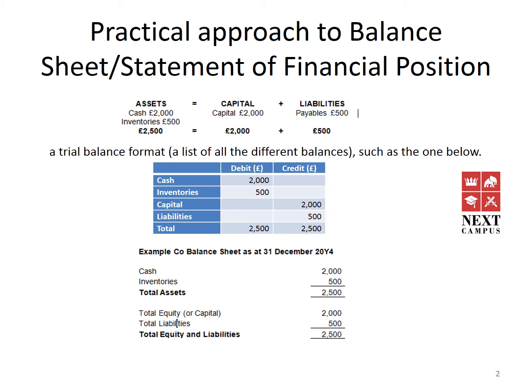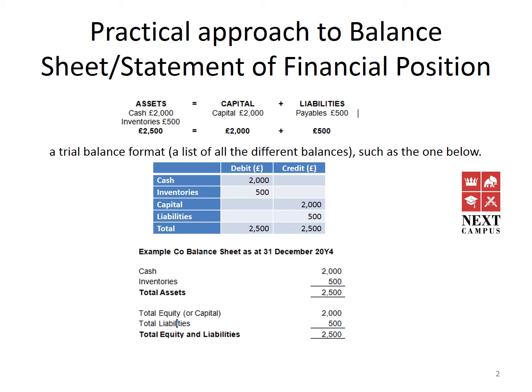So when you put them into your balance sheet, that means statement of financial position, it looks like the balance sheet which is given at the bottom of the page. Look at the example. Total assets 2500, that means you have two types of current assets, cash 2000 and inventories, which is again an asset, 500.